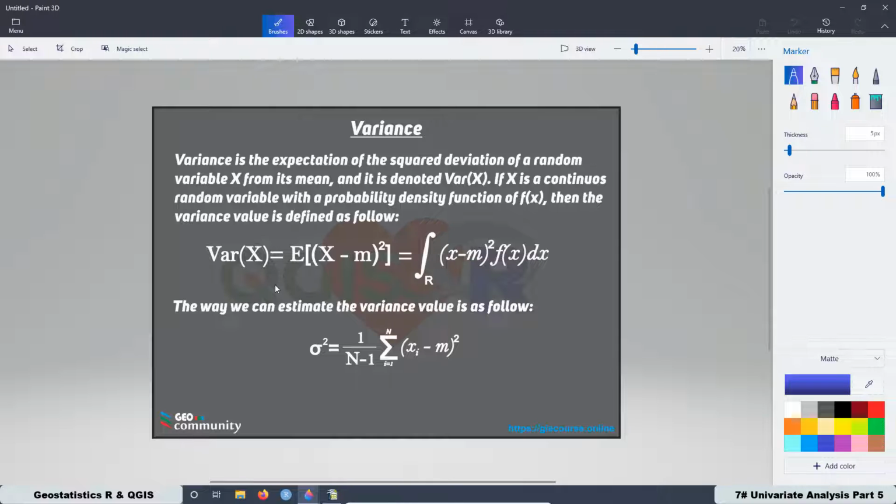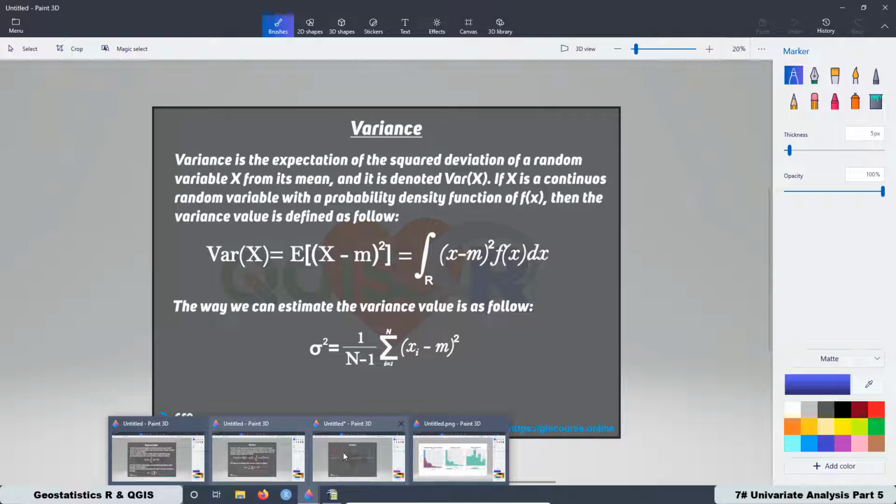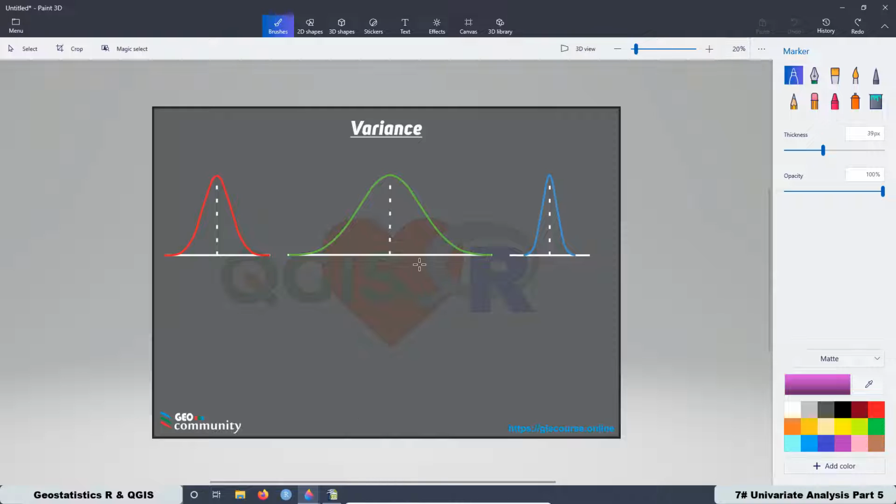Then the variance is going to quantify how our data is spread with respect to the mean value. I'm going to show you here in a graph. Let's imagine that for these three graphs we have the same mean, okay? But the variance is changing. Here we have the mean at the center, and this curve is representing how our data is distributed, okay?